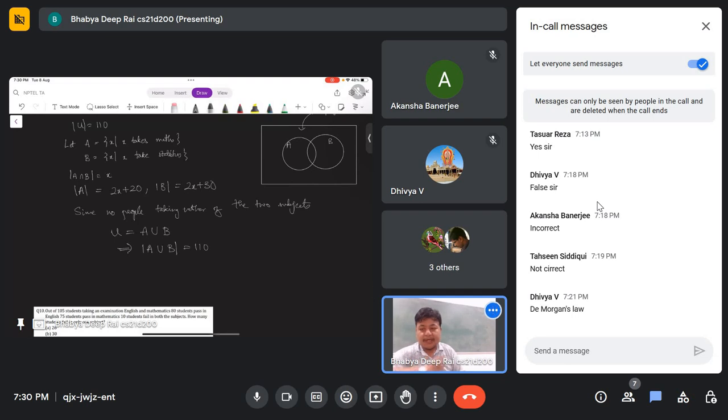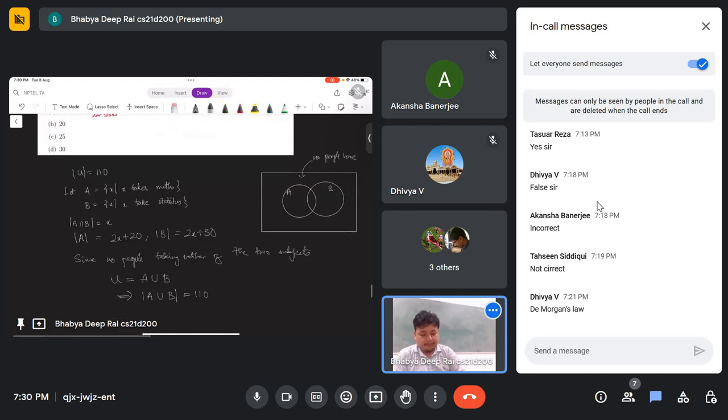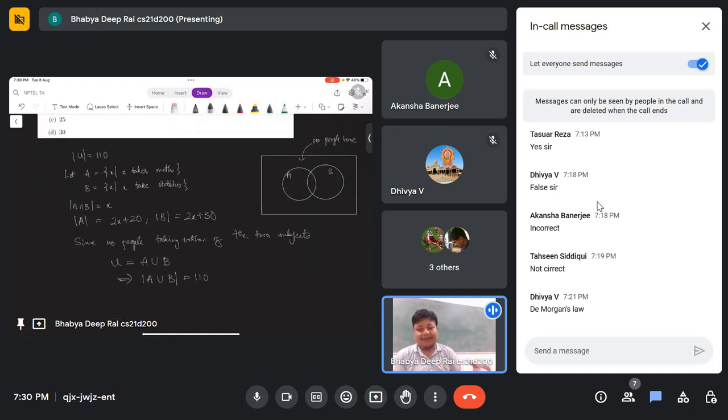Now what are we supposed to find? We are supposed to find what x is equal to. Now I tell you that you have all the information you require. Please try solving what x is equal to. I'll give you about 1 minute maybe. Akanksha has already given one answer. Others also, please try. Look at this and try to solve for x.